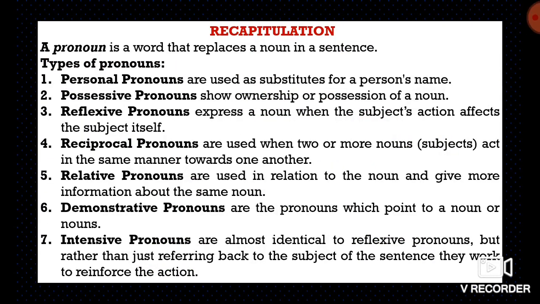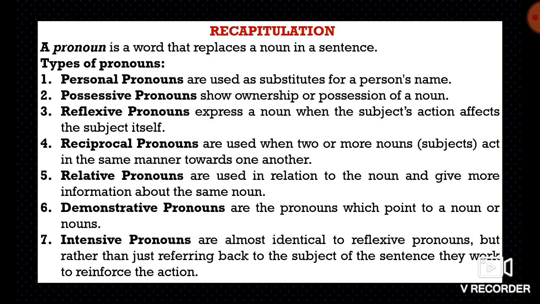Now students, let's revise again pronoun and its various types. What is a pronoun? A pronoun is a word that replaces a noun in a sentence. Very good. And various types of pronouns are: number 1, personal pronouns.